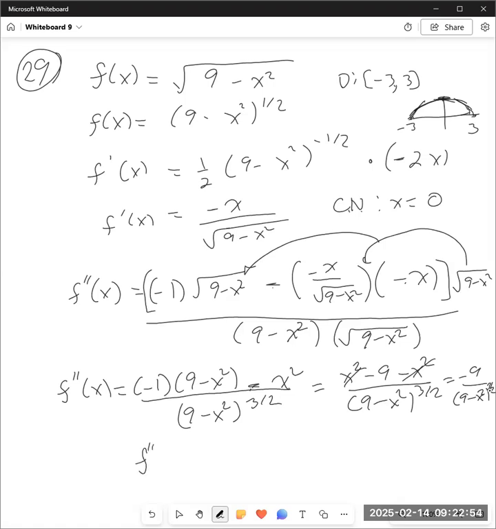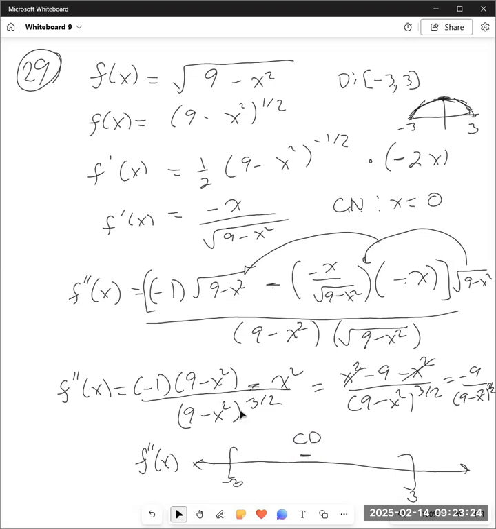So f double prime of x is not ever going to be 0, but I'm going to cut it off here from -3 to 3, since that's what I'm interested in. And in between there, it's always going to be negative. It's always going to be concave down.